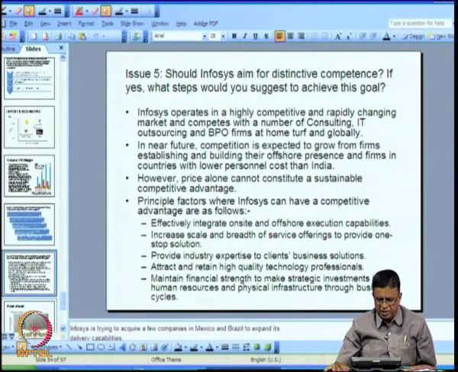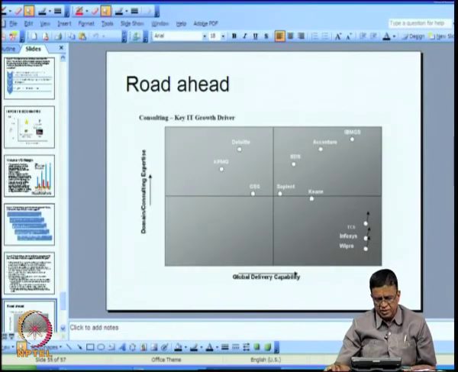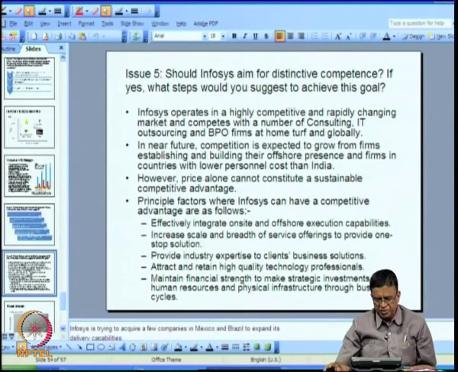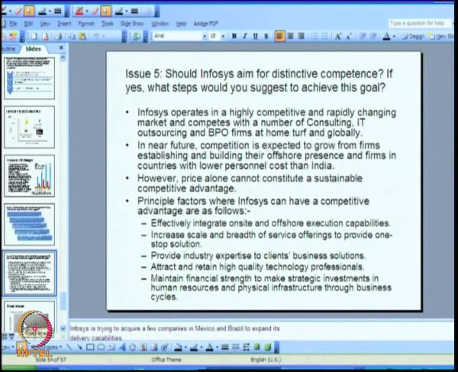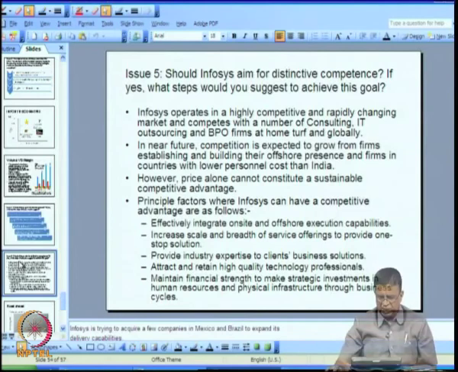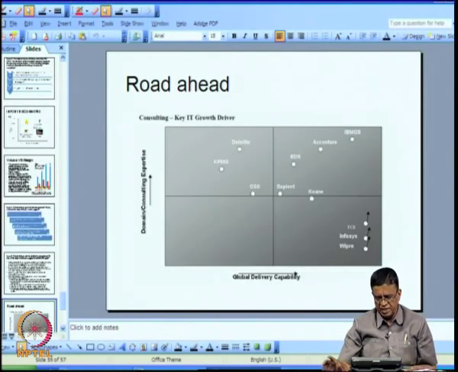What does it tell you? According to the group, the factors where Infosys can have a competitive advantage are effectively integrating on-site and offshore execution capabilities, then increasing scale and breadth of service offerings, then providing industry expertise to clients' business solutions, then attracting and retaining high quality technology professionals, then maintaining financial strength to make strategic investments in human resources and physical infrastructure through business cycles.